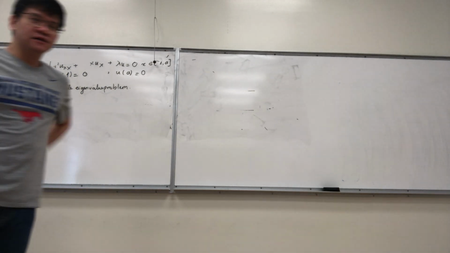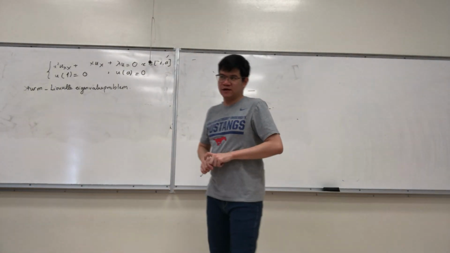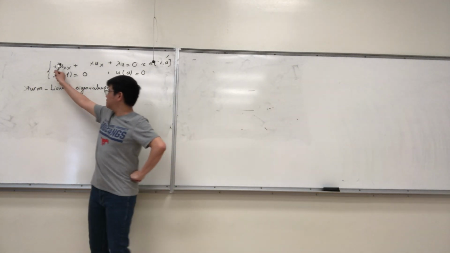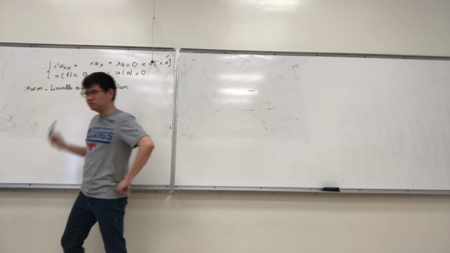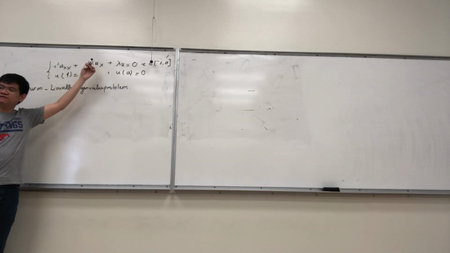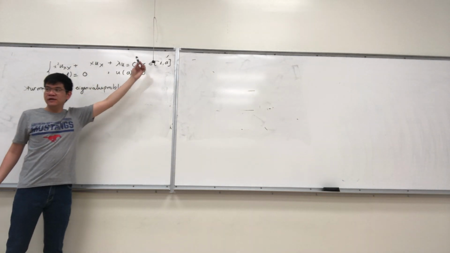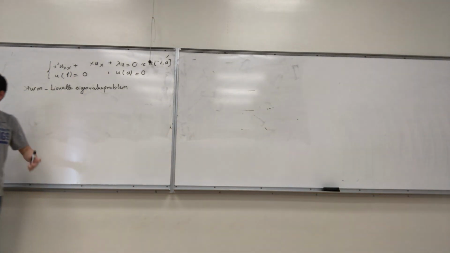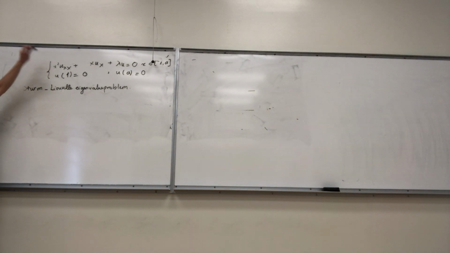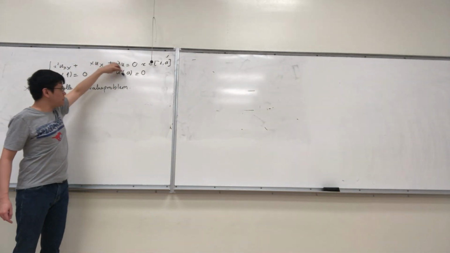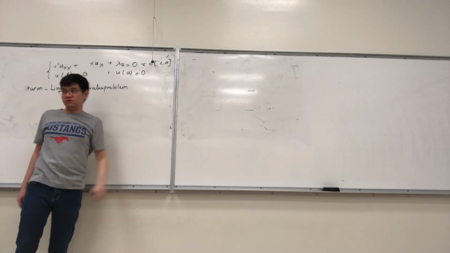Right. This is the problem that we were considering last time. We have x squared times the second derivative of u plus x times the first derivative of u plus lambda u equal to 0 on the interval 1, a. We have two boundary conditions: u at 1 is 0, and u at a is 0.